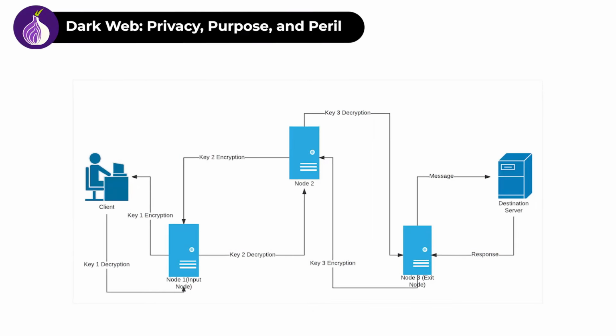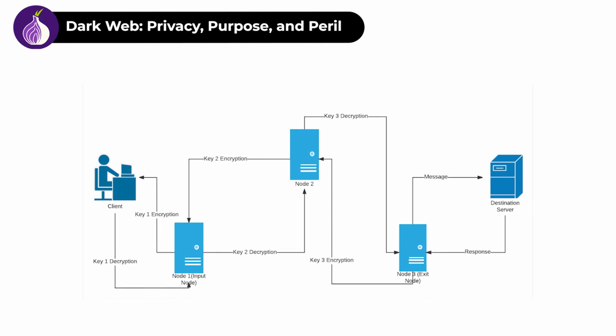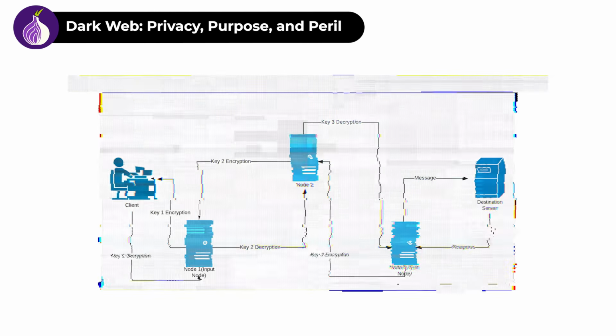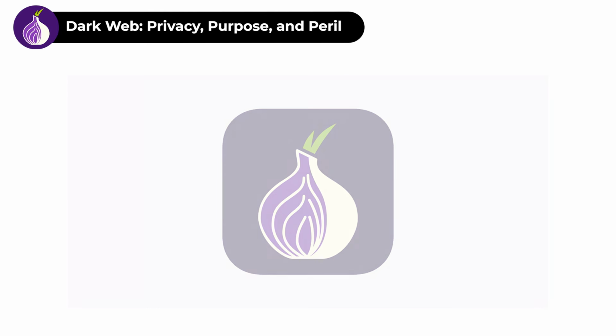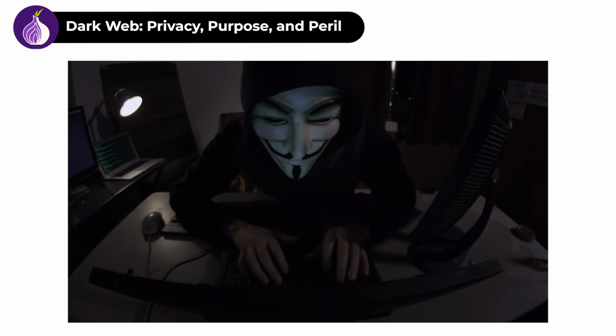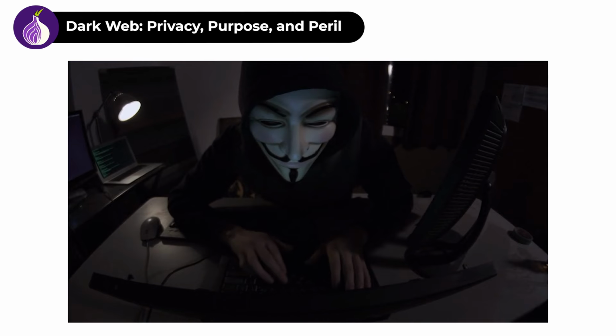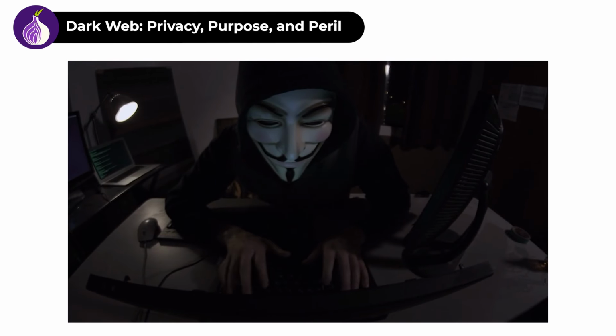Onion routing works by sending data through a series of volunteer-run servers, or nodes, each of which peels away a layer of encryption like the layers of an onion. This system makes it extremely difficult to trace the origin or destination of data, ensuring high levels of privacy for both site operators and users.